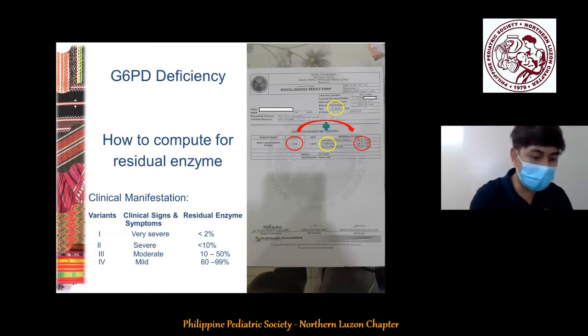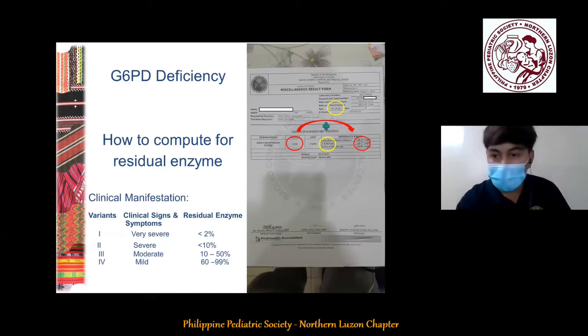Okay, 14 point divided by 14.77, multiply this by 100. Okay, ano po lumabas? 3.79 or 3.8, which will fall under, hindi kasama sa very severe, pero dito sa severe, less than 10%. Tama po. Okay, so at least may na-share po ako sa inyo.